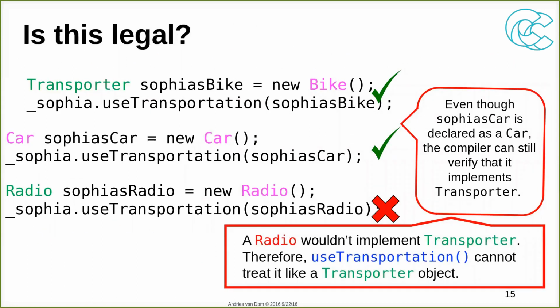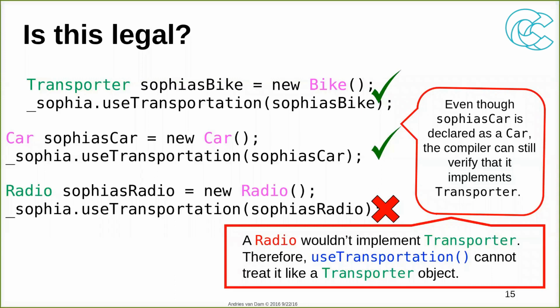Your question is whether the car instance gets typecast to transporter. Sophia's car is a different thing. It can access the methods of car as well, right? Yes, it can access the methods of the car.